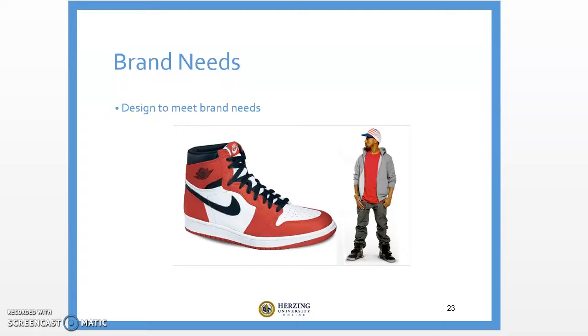Brand needs, designed to meet brand needs. Products are designed to meet what the brand needs. It's pretty simple, and Nike is one example of that, where they have a sport type of audience, so they're going to design shoes within that realm to appeal to what their customers want.